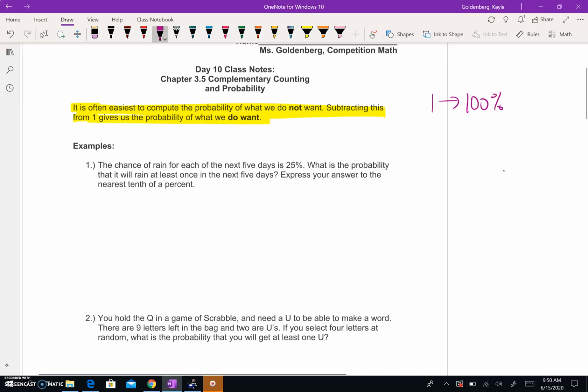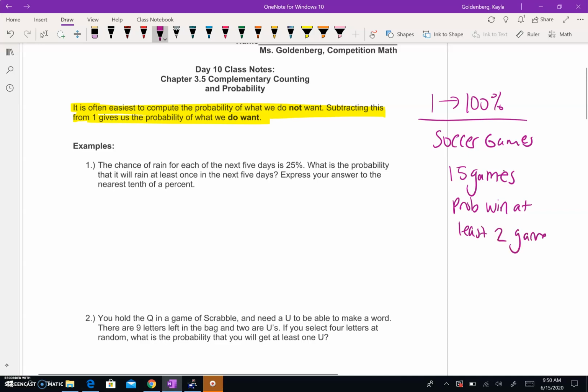Sometimes problems are really difficult. Let's say I'm looking at soccer games, and I'm going to be playing 15 games in the next however many weeks. What is the probability that I win at least 2 games?